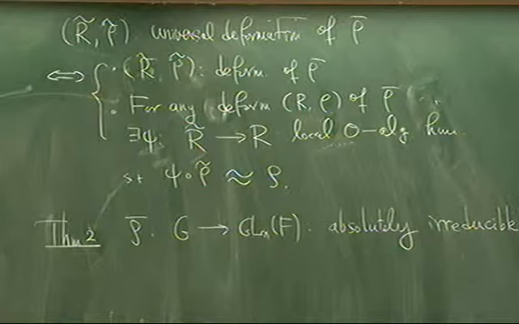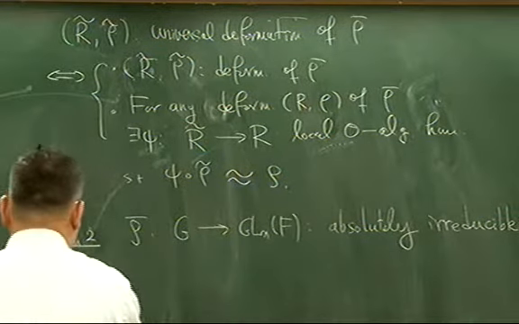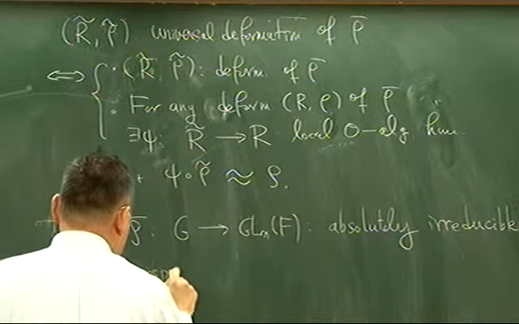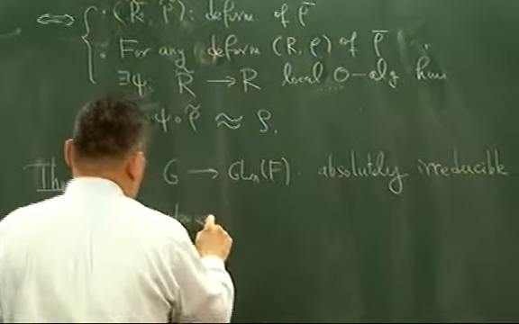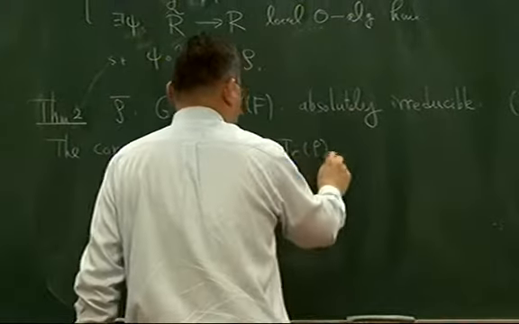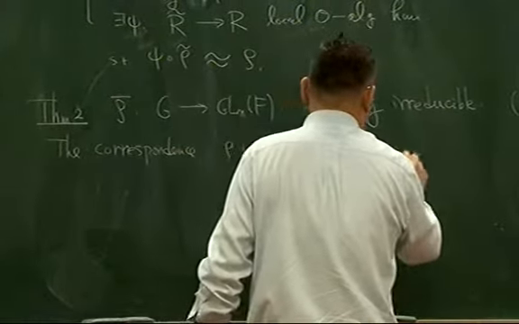That means it is irreducible over the algebraic closure of F. Then the correspondence from rho to the trace of rho gives the following bijection.